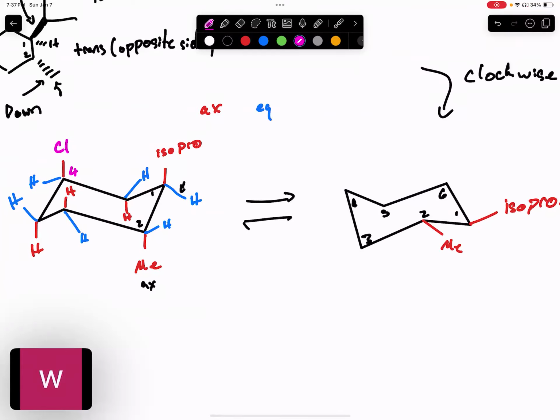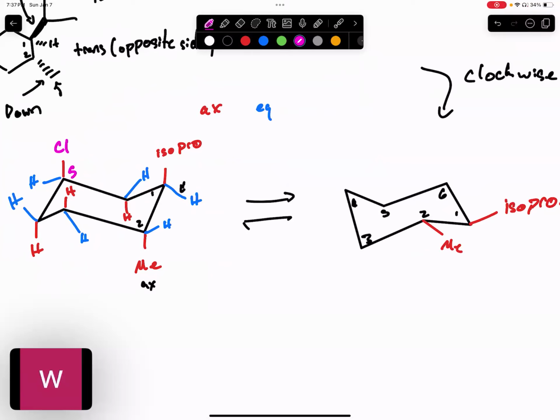Wait, that's not carbon number 4. That's carbon number 5. It would be on carbon 6? No, it wouldn't be on carbon 6. It's conserving its position. It's still on carbon number 5.